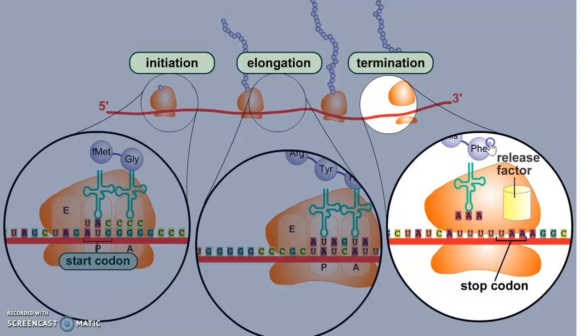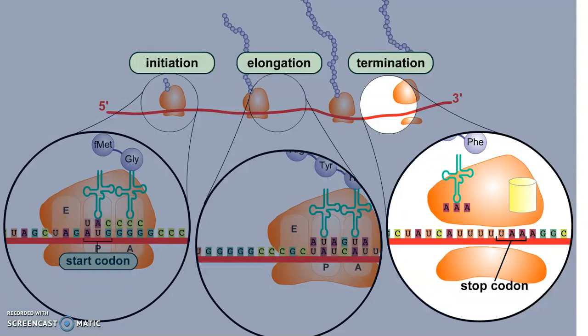So the ribosome can let go of your protein, and that's your long chain of all those amino acids, and then this tRNA can fall off. The large and the small subunits are going to fall off of your message, and your message can get reused.